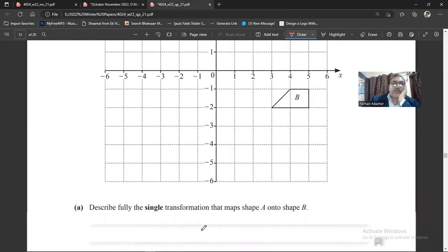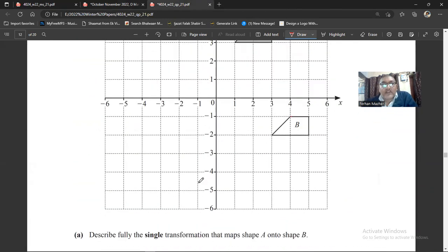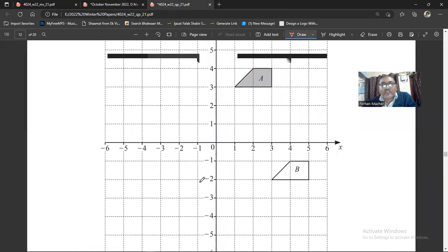Okay, now what is the question? He says reflect the shape X in the X-axis. So if you want to reflect this shape in the X-axis, you see this is the X-axis, this is the line of reflection. Okay, so we will reflect this point: 1, 2, 3. This is 3 steps above, so we will put a dot 3 steps below.